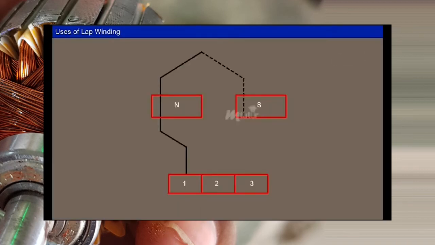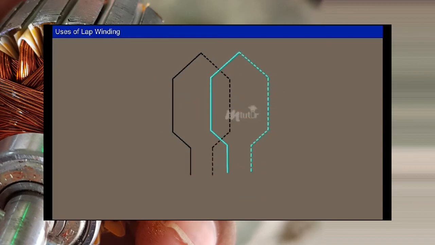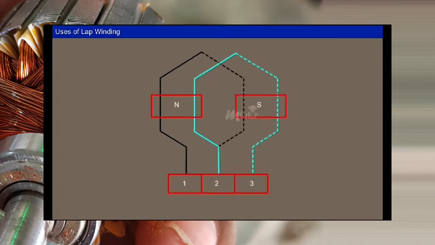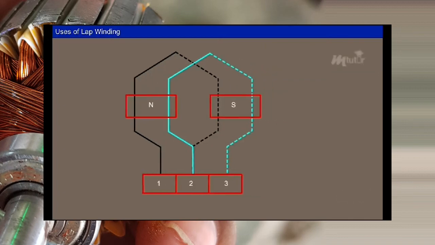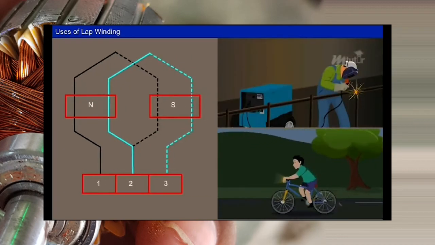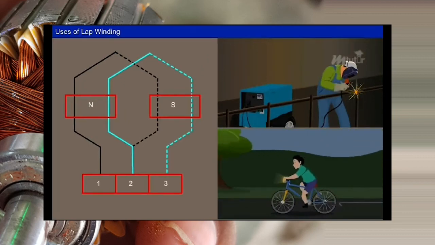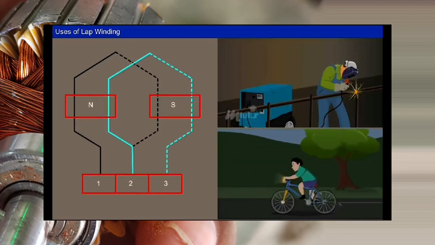As we have seen, in the lap-type winding, the coils overlap and are parallel to each other. Hence, the current capacity of each lap winding gets added, providing higher operating current. Therefore, this type of armature winding is used in applications requiring high current and low voltage.